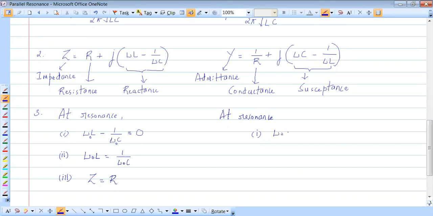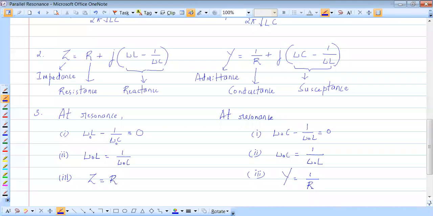That means omega naught C minus 1 by omega naught L would be 0. Or we can say the capacitive susceptance is equal to the inductive susceptance, or we can say the admittance because of these two is equal to the conductance.